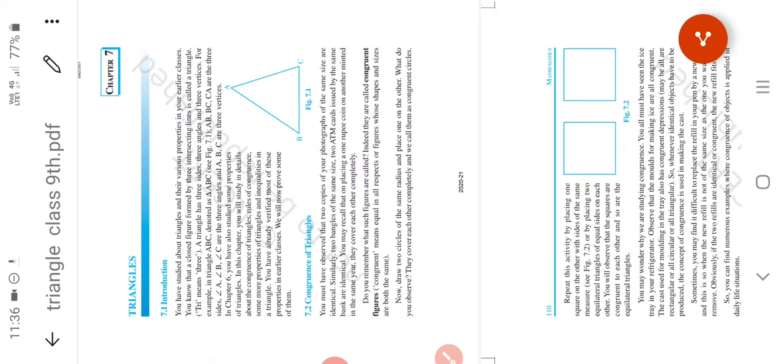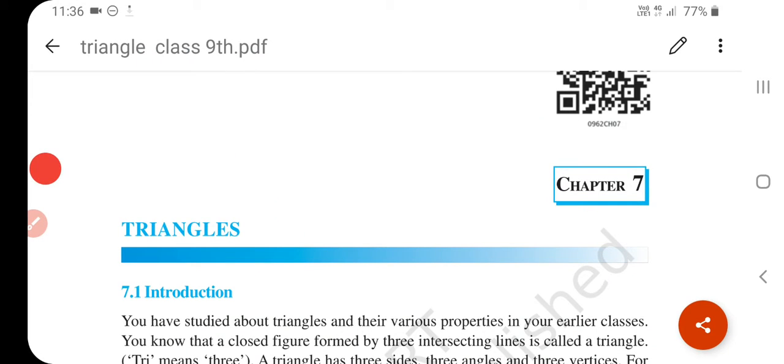According to the sides of a triangle, we classify triangles into three types, according to the length of their sides. First, a scalene triangle has no sides of equal length. An isosceles triangle has two sides of equal length, and an equilateral triangle has three equal sides.